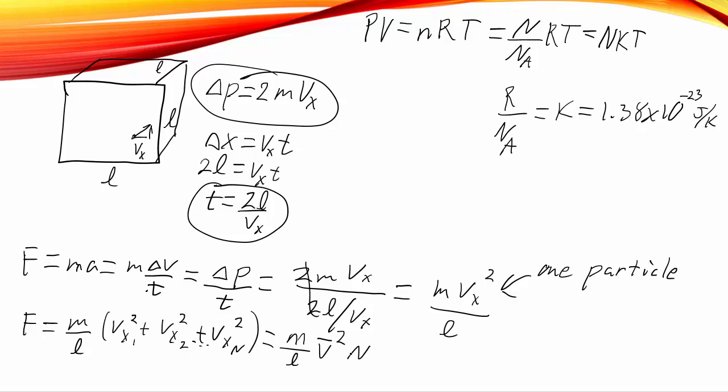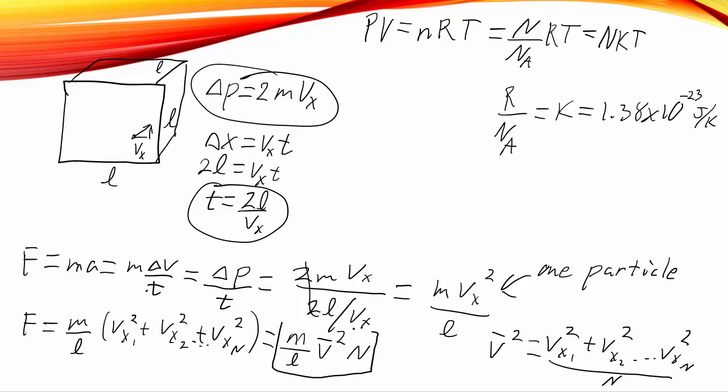That gives me the same thing, because my average velocity squared is just each of these velocities, vx1 squared through vxn squared, divided by the number of particles, right? So I multiply that over here, and we'll get this expression.